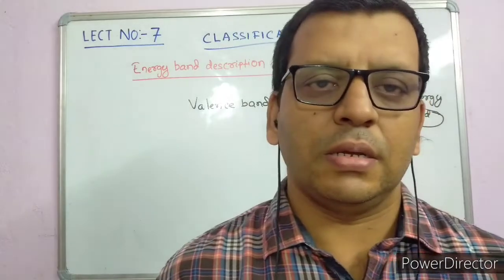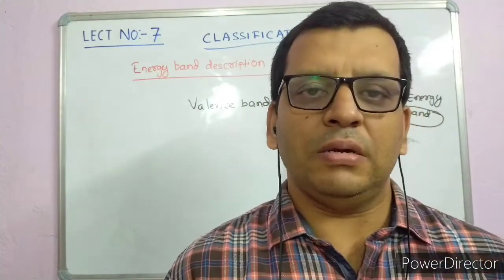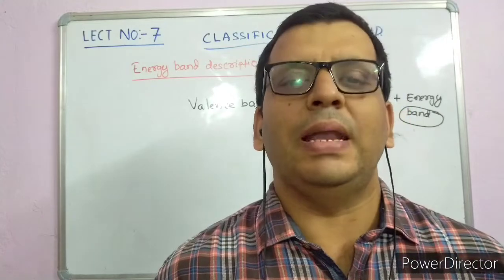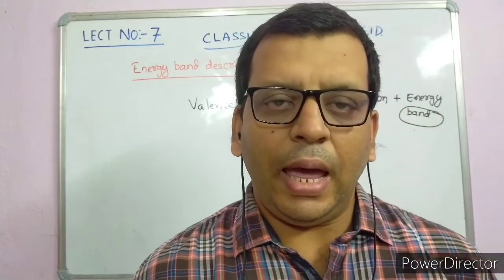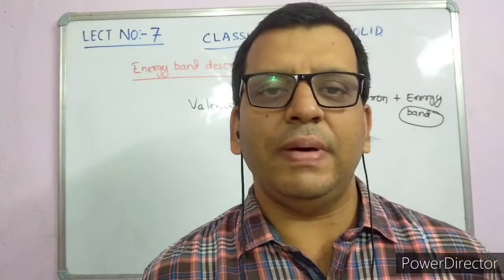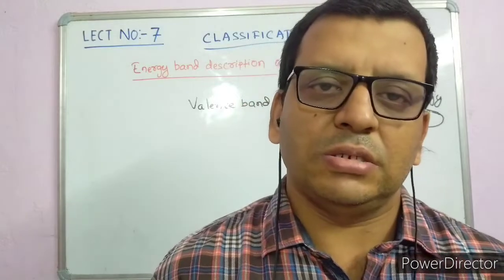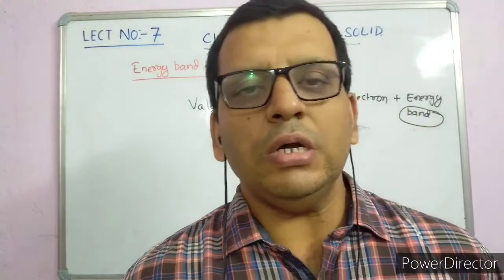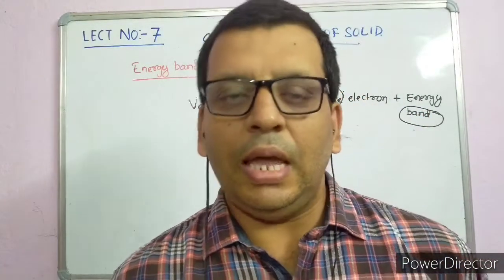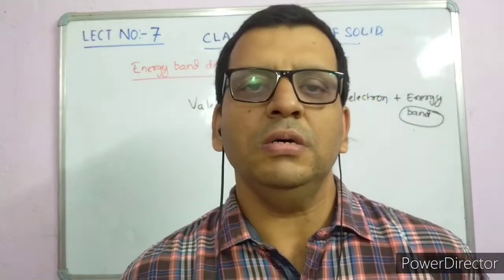We know that the outermost shell of an atom is known as the valence shell, and the electrons present in the valence shell are known as valence electrons. We also know that an energy band is the range of energies possessed by the electrons.